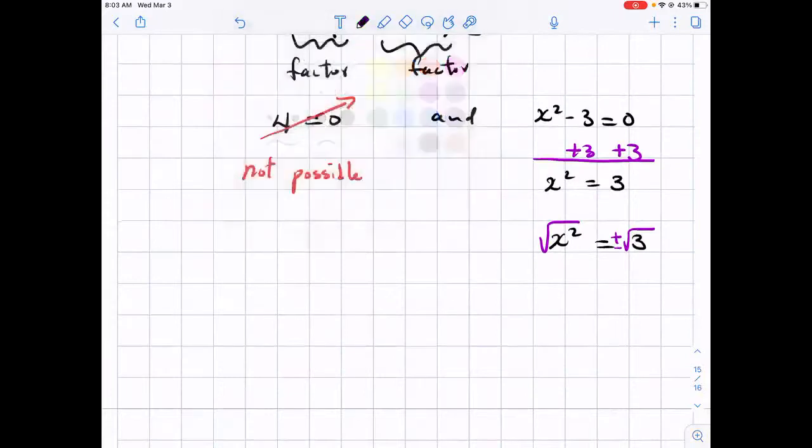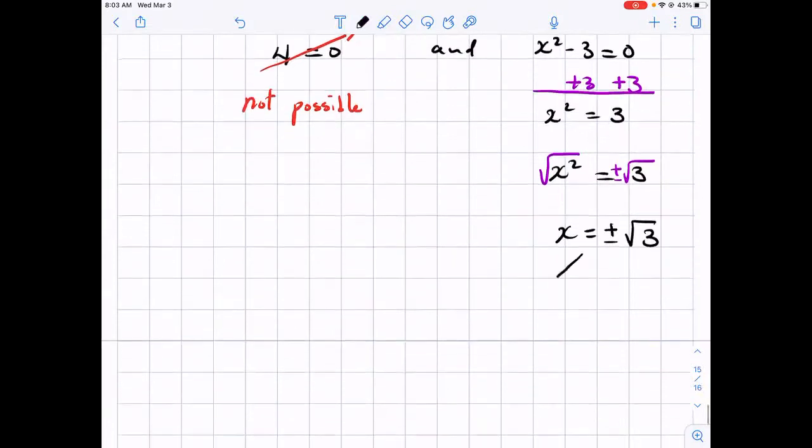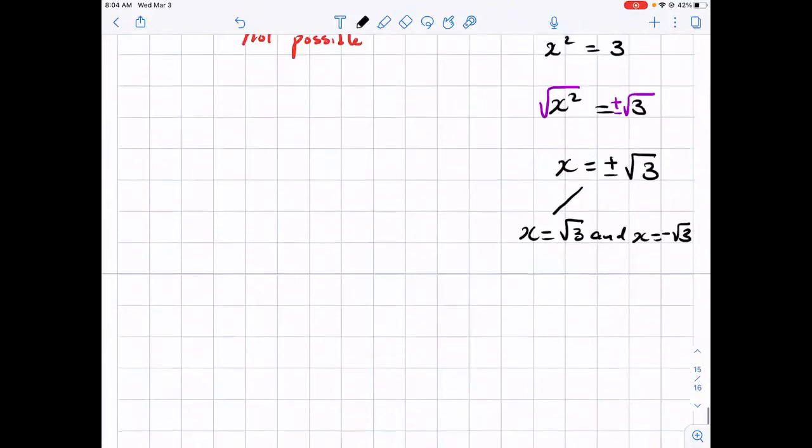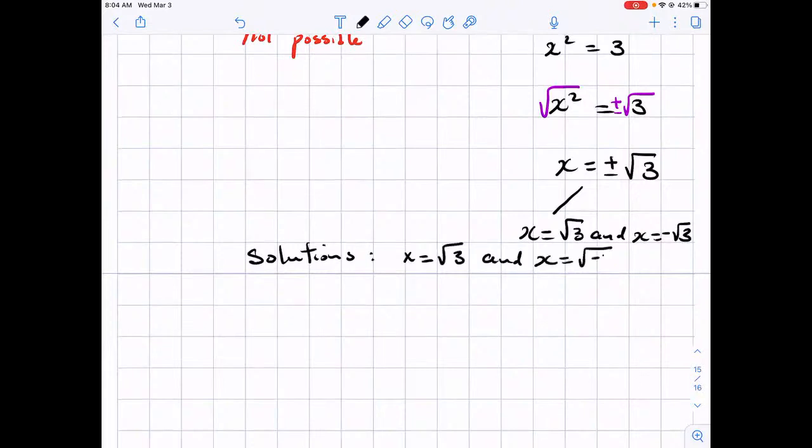So we have now that x is equal to plus or minus the square root of 3, which really means that x is equal to the square root of 3 and x is equal to minus the square root of 3. Those are my two solutions.